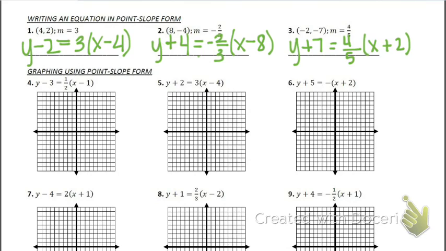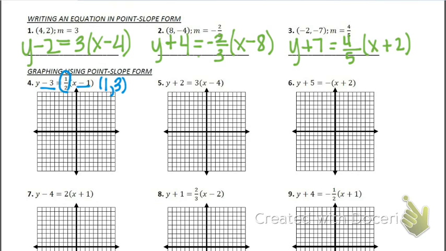Let's write out what the point is first. The x-coordinate is what's attached to the x. So here it says x minus 1. What is the x-coordinate then going to be? Positive 1, comma. The y-coordinate is what is being subtracted from y. In this case, it says minus 3, so the y-coordinate is actually positive 3. And then I want you to circle the slope, which in this case is 1/2.